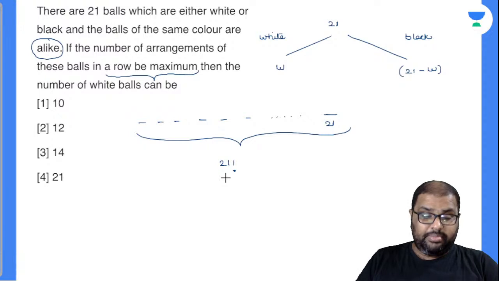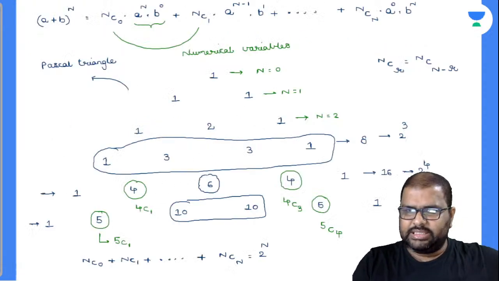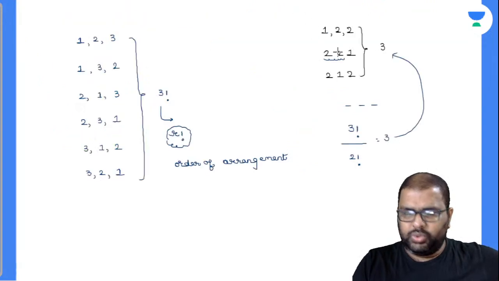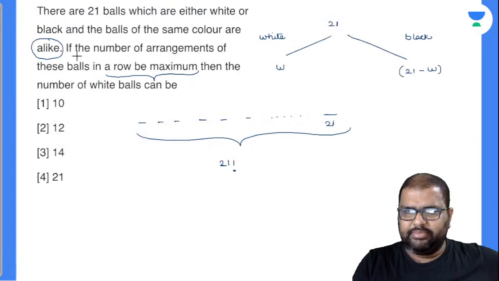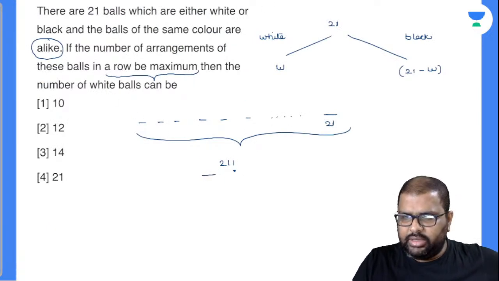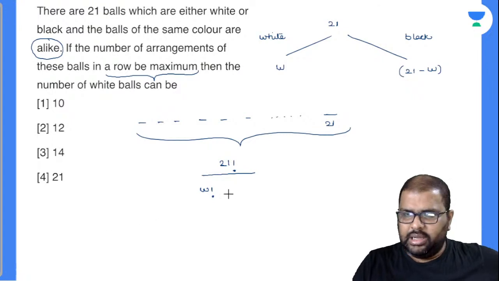W number of white balls are there. Am I right or wrong? They are exactly similar. Similarly, in this question also they have given the same thing: all the same type of balls are the same. So I have to eliminate those duplicities. So W factorial for the white balls has to be eliminated, times 21 minus W factorial. This is one more set.